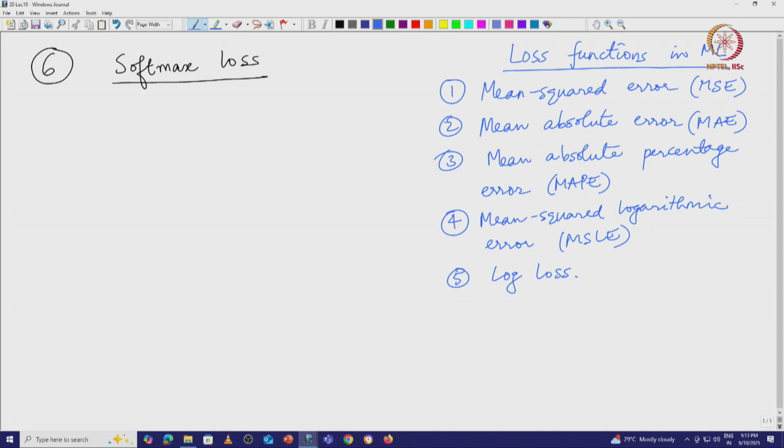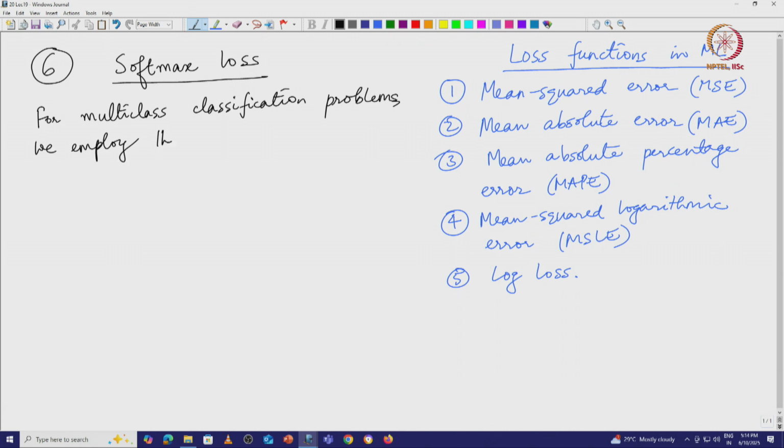So the softmax loss is the sixth loss function we are discussing, and as you know from one of the lectures before, this is used in multi-class classification. So for multi-class classification problems, we employ the softmax loss.